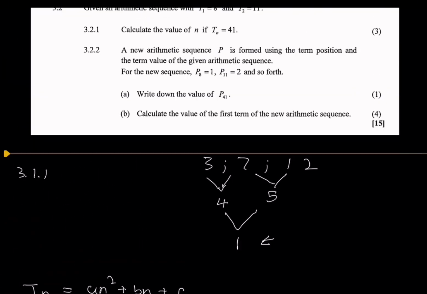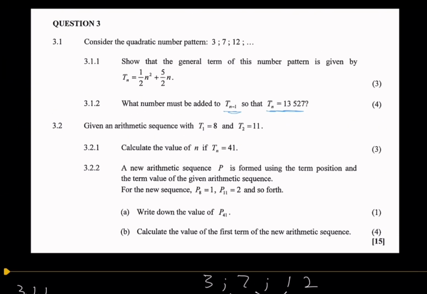Right. Moving on, 3.1.2. What number must be added to Tn minus 1 so that Tn is equal to 13,527? So, first and foremost, you must understand something. Good people, when you don't understand the question, what you see, just write it down.